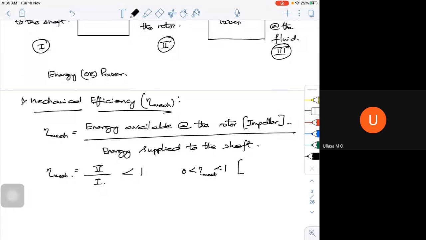Most books take this number between 0.85 and 0.95. That means a new machine will have a higher mechanical efficiency compared to old machines. As the machine gets older, the mechanical efficiency will drop because of mechanical friction, bearing losses, or the shaft rubbing over a period of time.